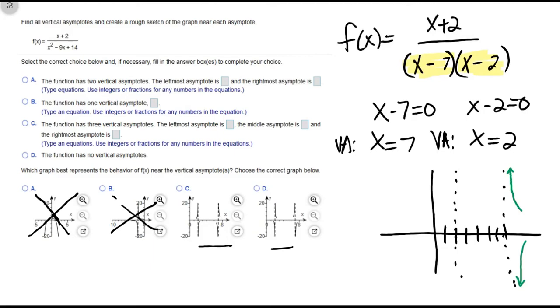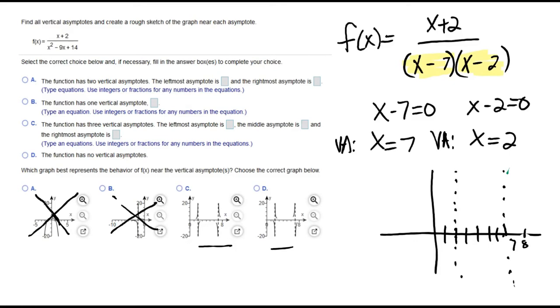I need to test it out to see which is which. The way I test it is by picking a value that is slightly bigger than 7, maybe 8, and see what's happening to the y.